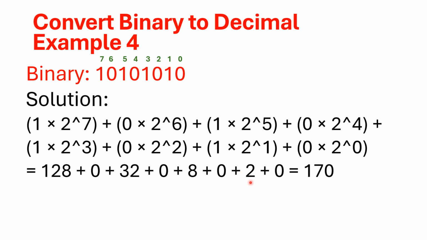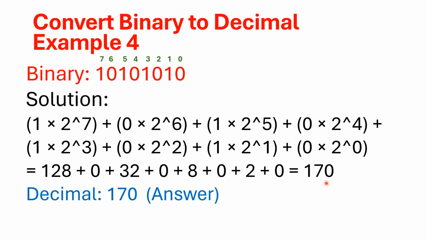And 2 power 0 is 1, but 1 multiplied by 0 is 0. So now we add, and only the nonzero numbers are counted: 128 plus 32 plus 8 plus 2, which is equal to 170. So we can say that 10101010 in binary is equal to 170 in decimal.